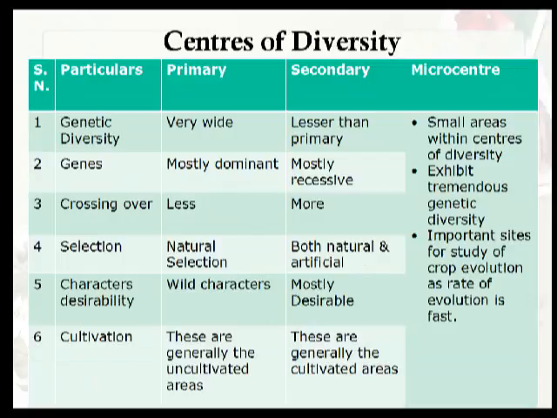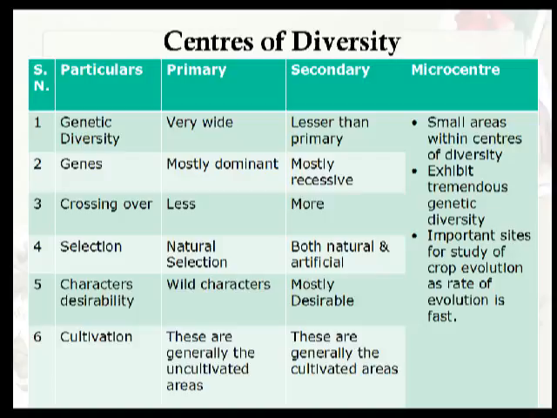Now, as I told you in the last slide about primary, secondary and micro center, the classification in these three we can better understand by way of comparison. Basically, primary center, if you just want to remember in short, is the center where there is maximum diversity of wild varieties, wild relatives.